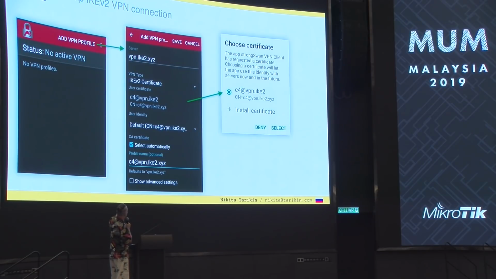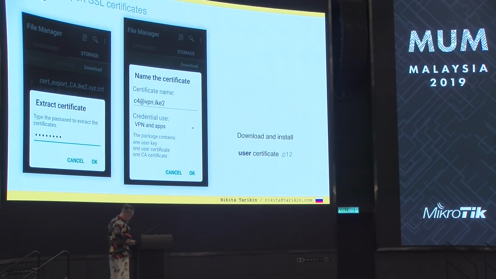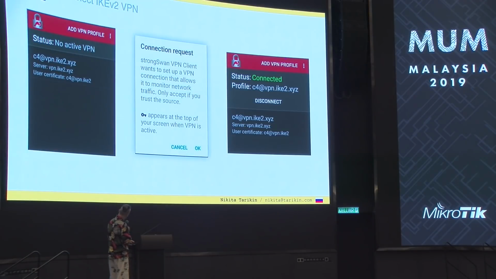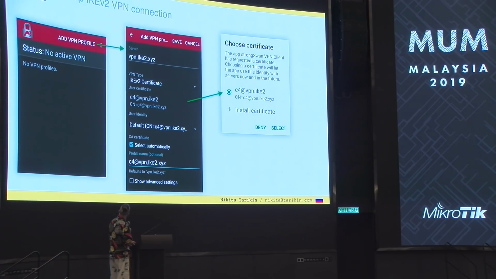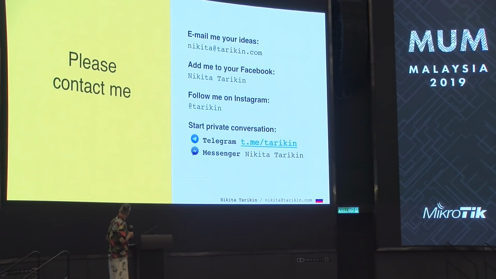And CA certificate will be picked up automatically, because the P12 certificate, the one that we already downloaded, already contains a CA certificate. So yeah, set it up like that. Connection type, IKEv2 certificate. After that, connected. That's it.